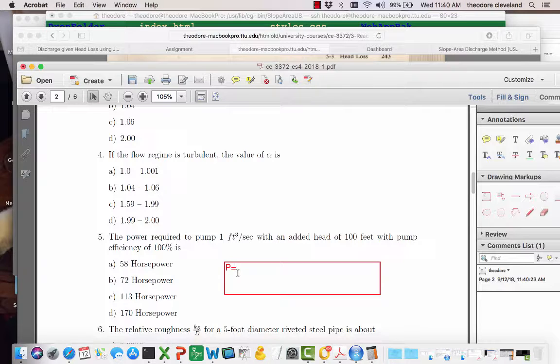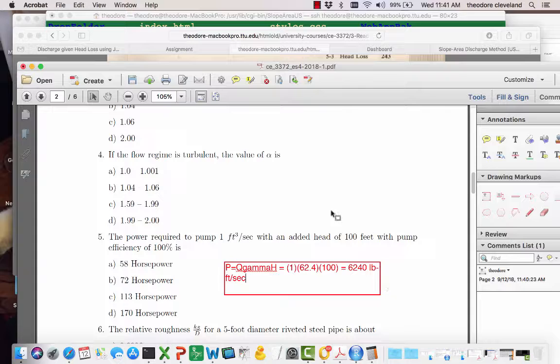So we have P equals Q gamma H, which in our case is equal to 1 cubic foot per second. Gamma is 62.4 pounds per cubic foot of water, and the added head is 100 feet, and so that equals 6240, and this is going to be in pound-feet per second.